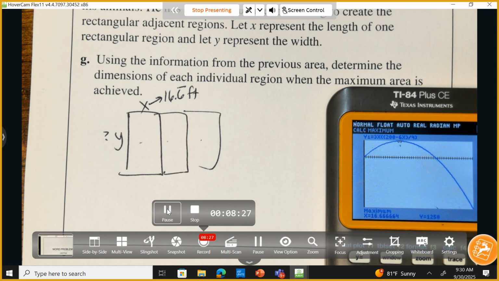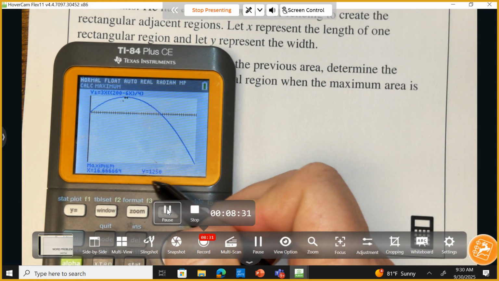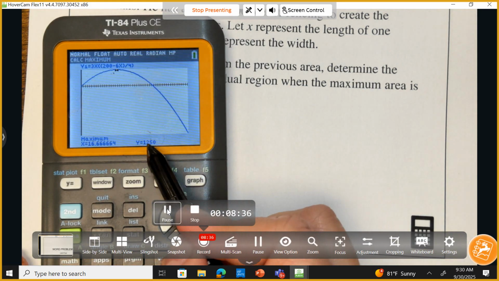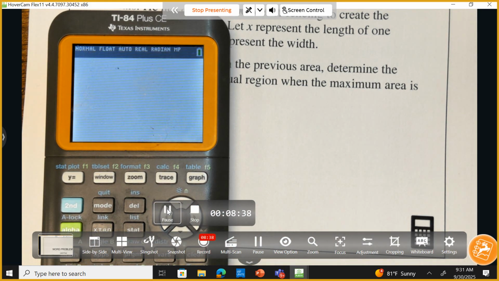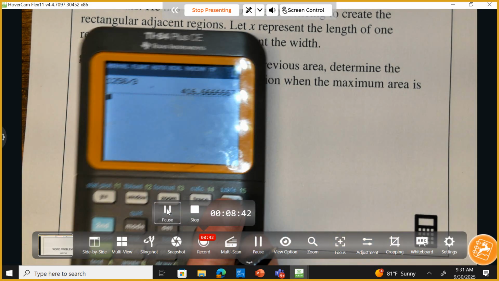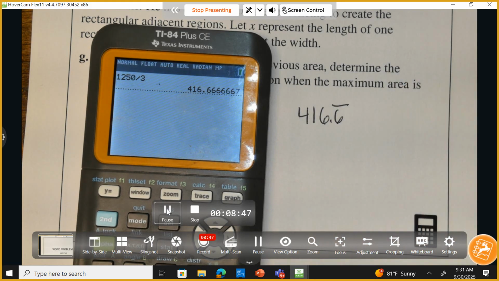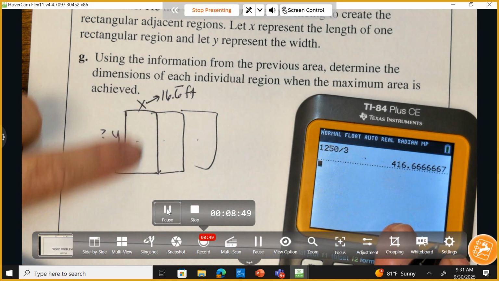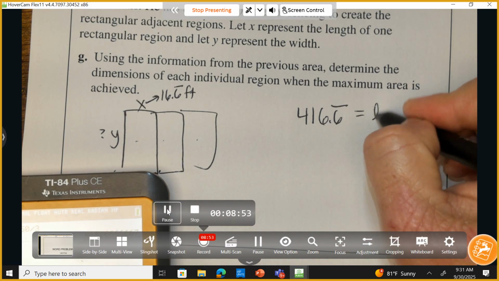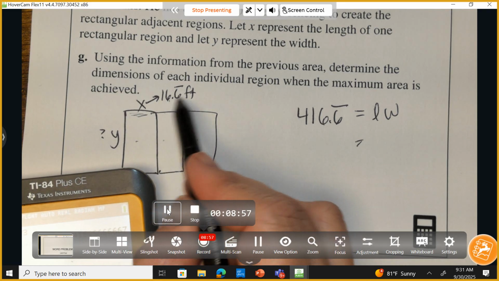Please pay attention. One way that I prefer is this: this represents the combined area of all 3. So if I take this and divide it by 3, I know that the maximum area of one region would be 416.6 repeating. That occurs when we have the length times the width, and I can see that the length is 16.6 repeating.